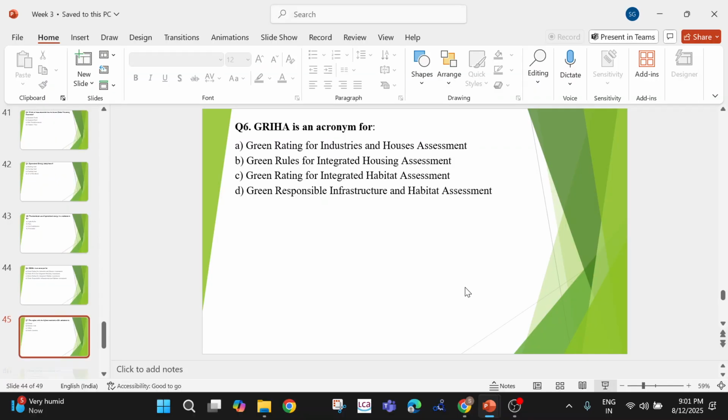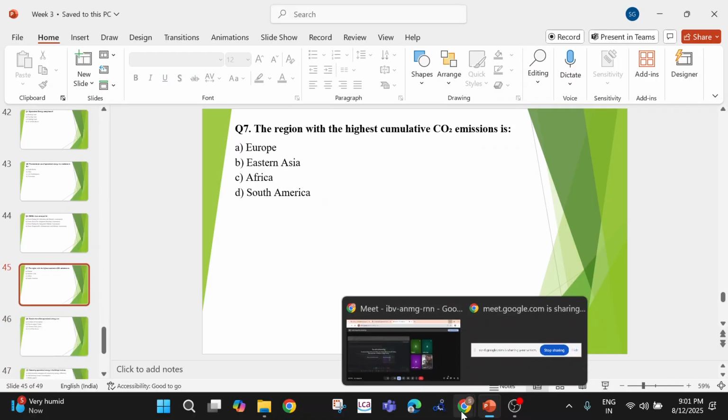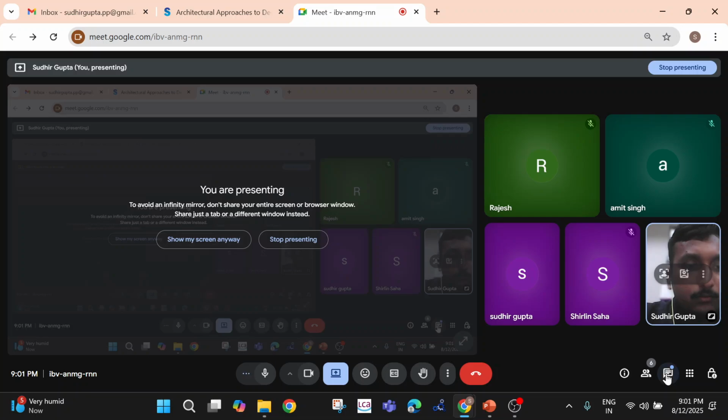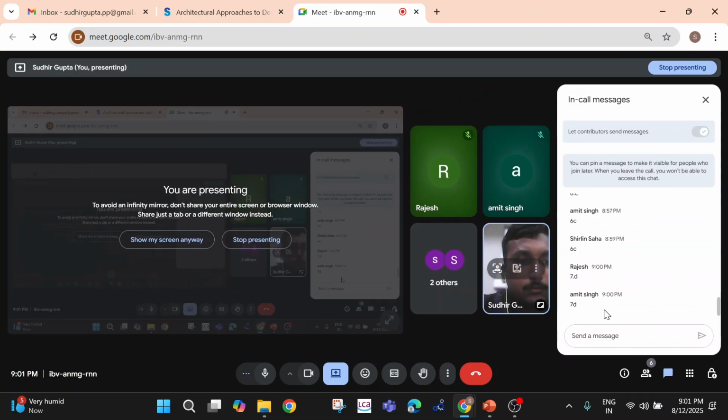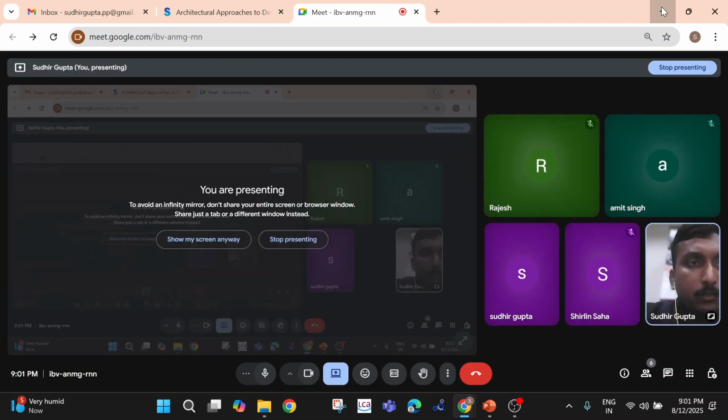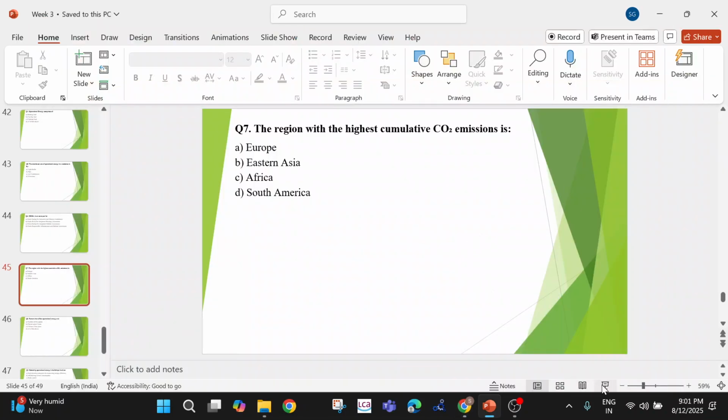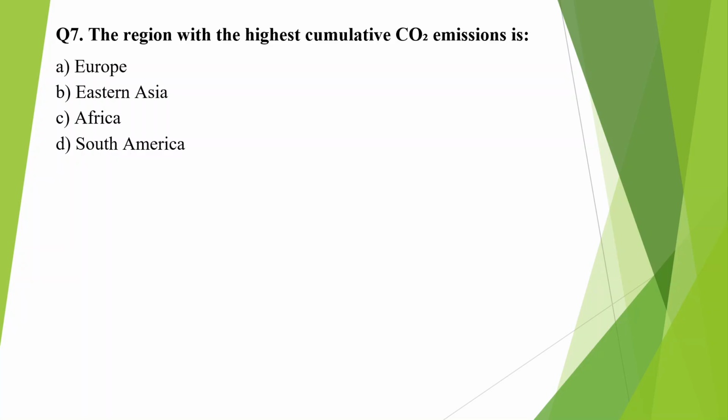Let's see how many of you have already answered. Many of you have answered, and you are opting for option D, as I can see. Whoever has opted for option B is incorrect.